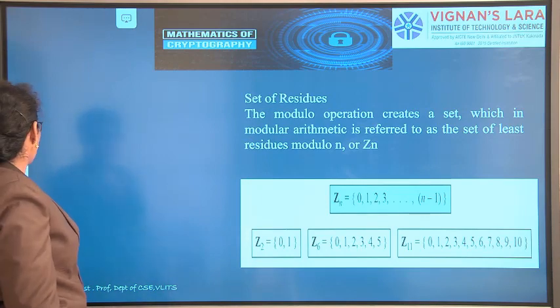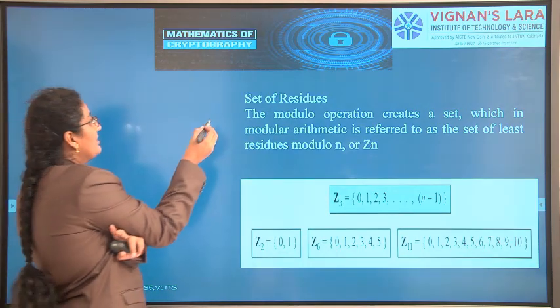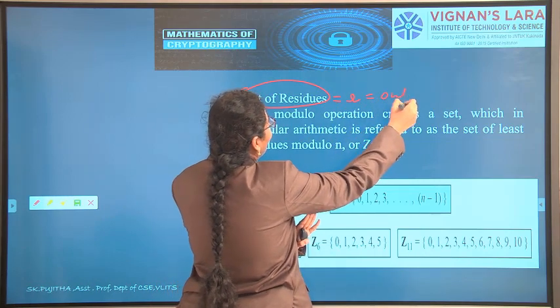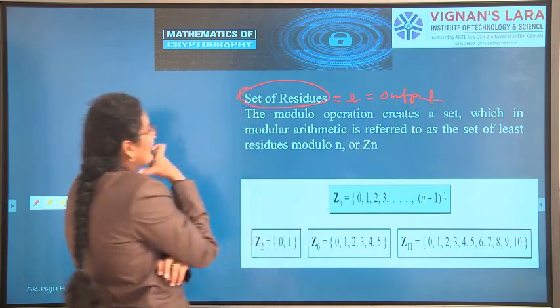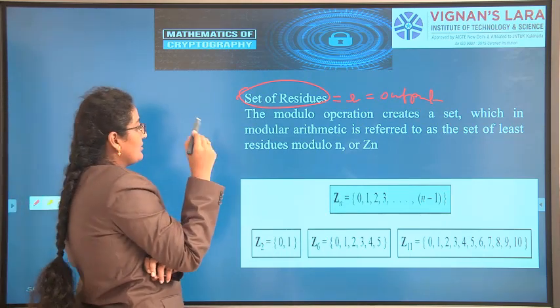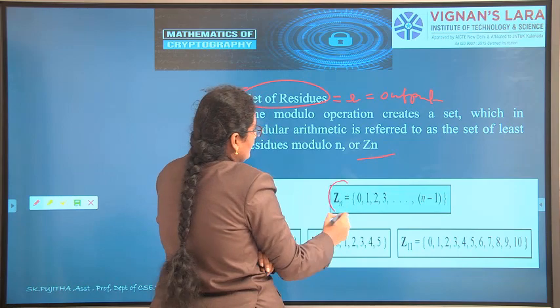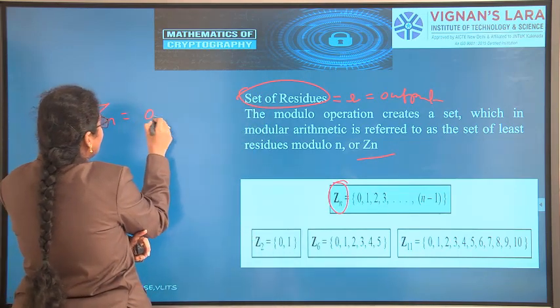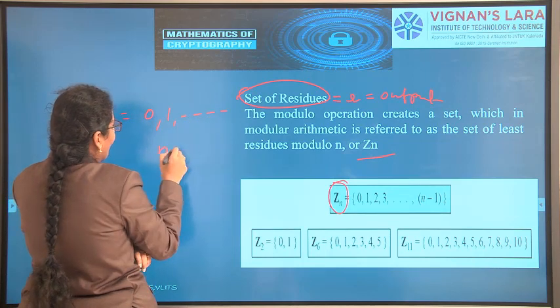The set of residues is very important. A residue is R, which is the output. So what is the set of residues in modular arithmetic? The set of residues is denoted by Zn. Zn equals 0, 1, and so on up to n minus 1.